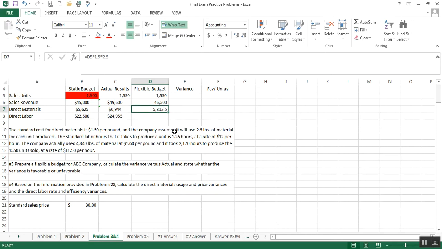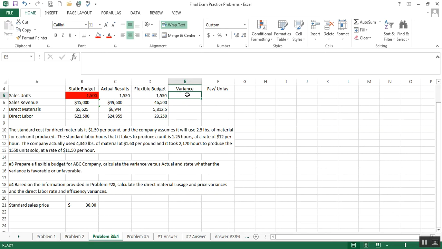So it should actually have cost us $5,812.50. Now let's look at direct labor. Again, start with the 1,550, and our assumptions tell us that it takes 1.25 hours, and the rate is $12 per hour. So that gives us a cost of $23,250.